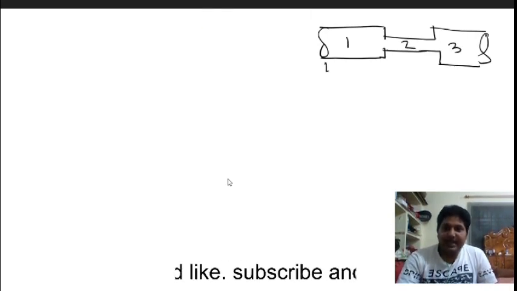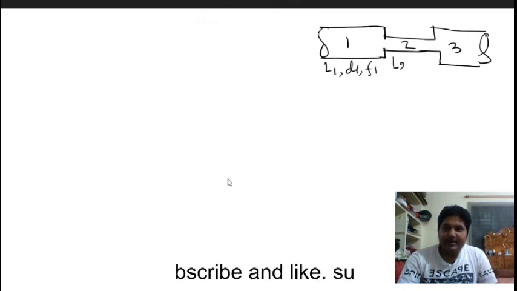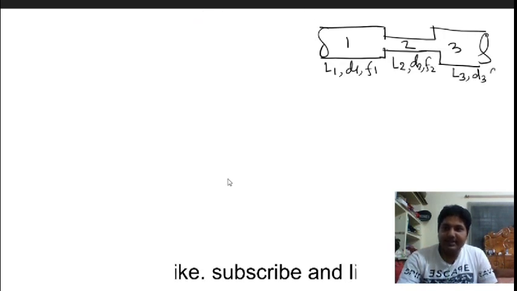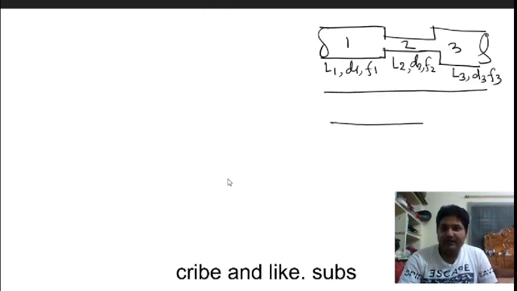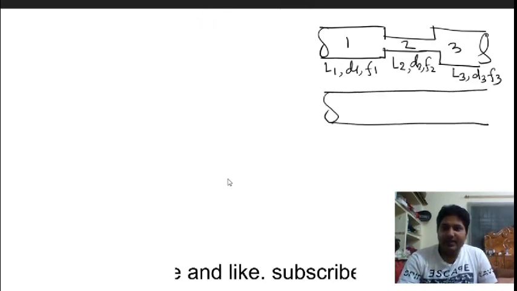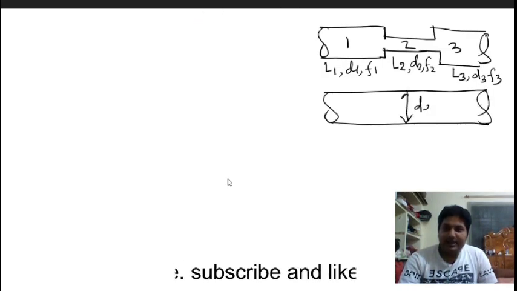Length of this is L1, this is D1, this is F1. This is length L2, this is D2, and friction factor F2, and this is L3, this is D3 and F3. Now we have to design an equivalent pipe, whose diameter will be DE and the length will be LE.